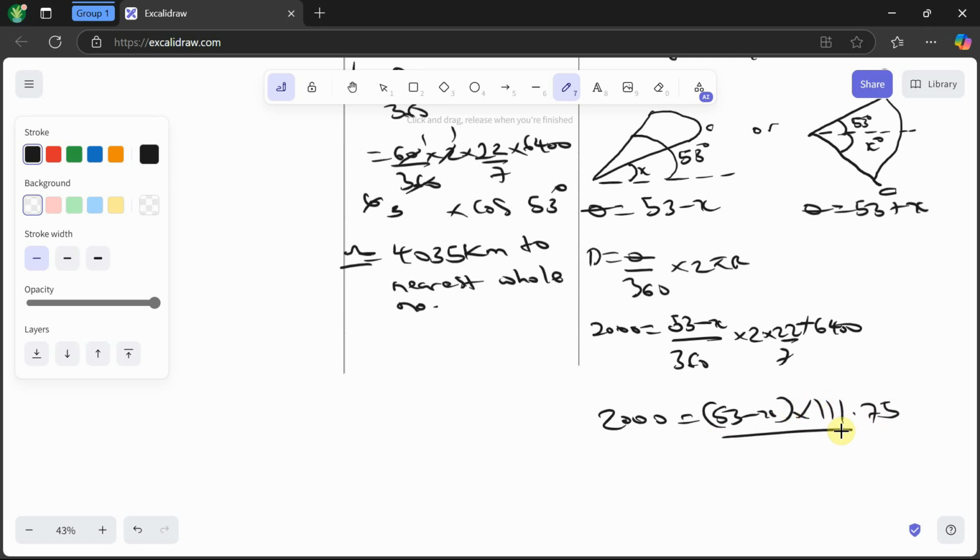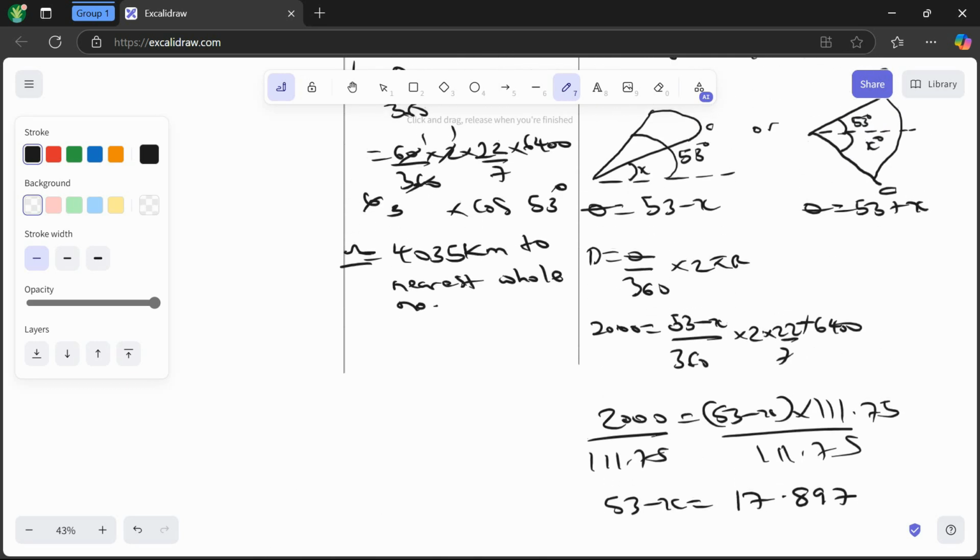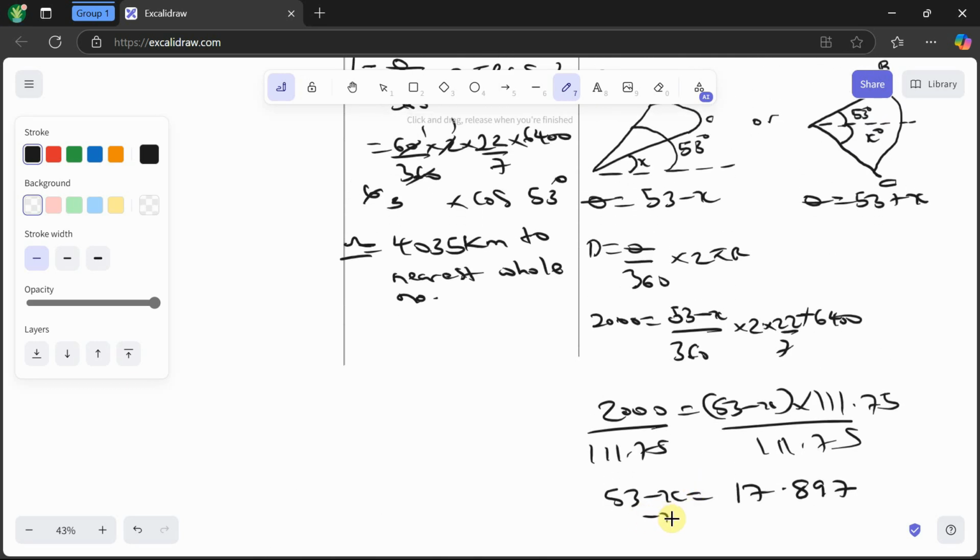So if I divide both sides by 111.75, 2,000 divided by 111.75, that would be 53 minus x is equal to 17.897. So minus x will now be equal to 17.897 minus 53.